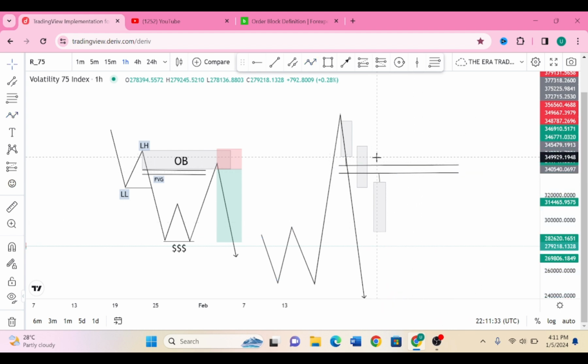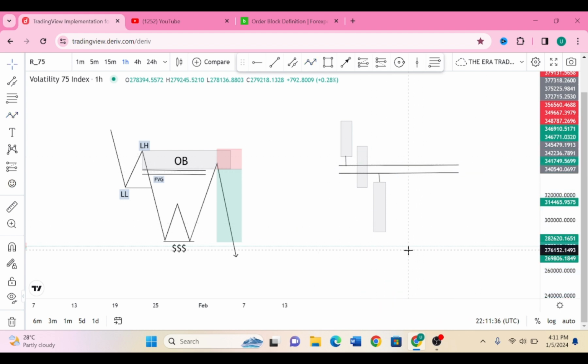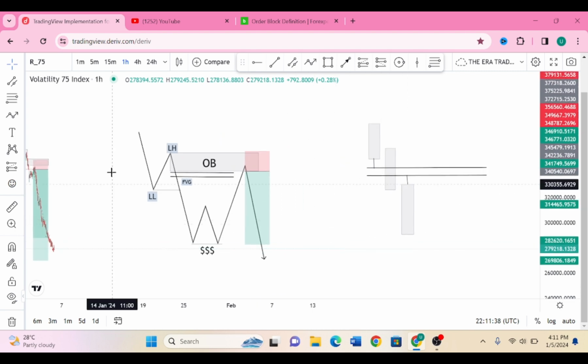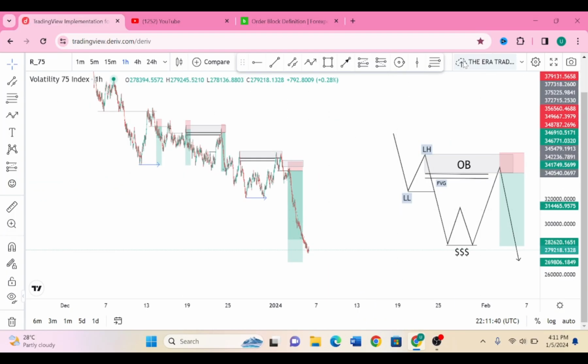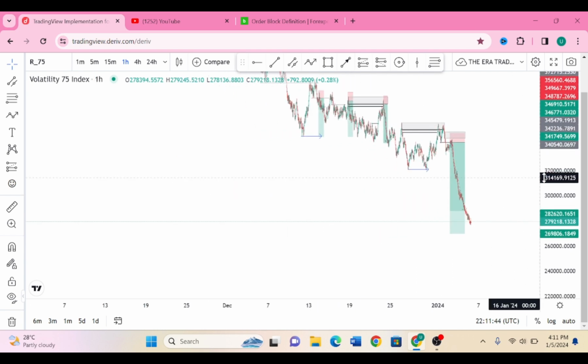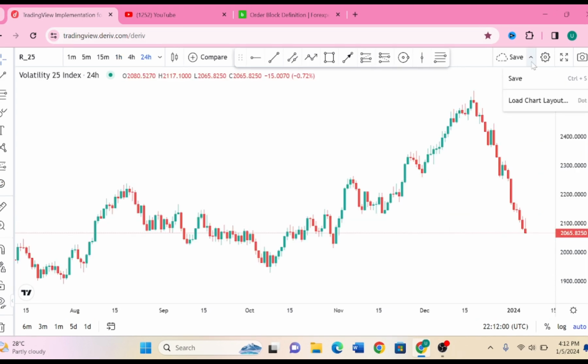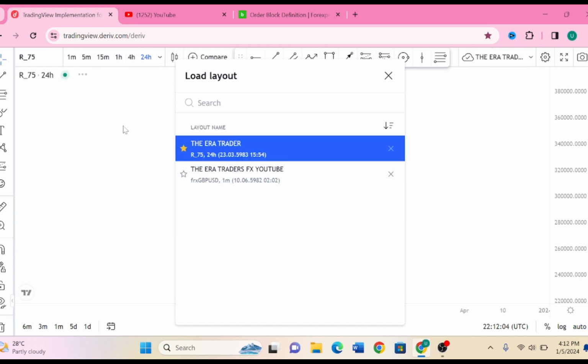So this is it, and you need to understand structure. First of all, let's go to the chart now to see what I'm talking about. Let's go to the daily time frame. Like I said, trading V75, go to the daily time frame.